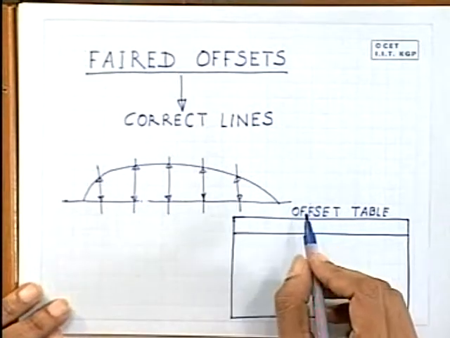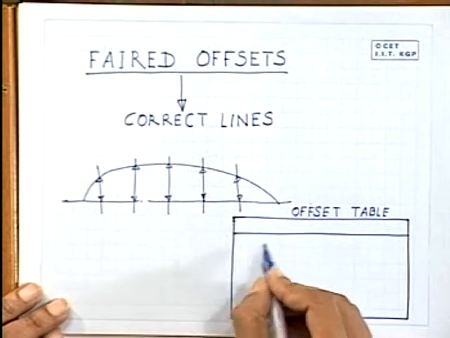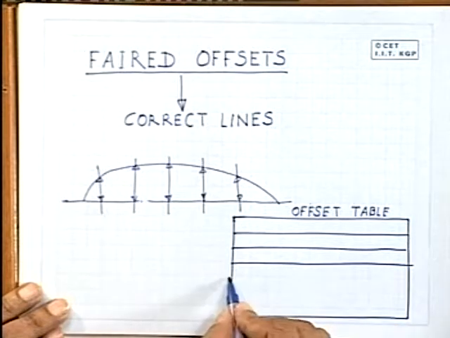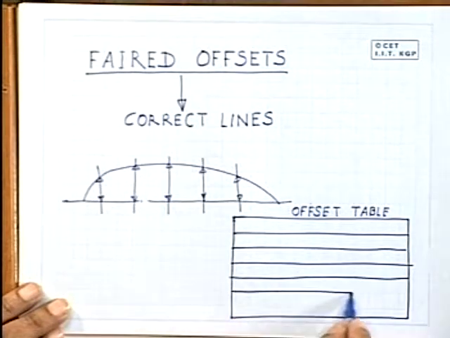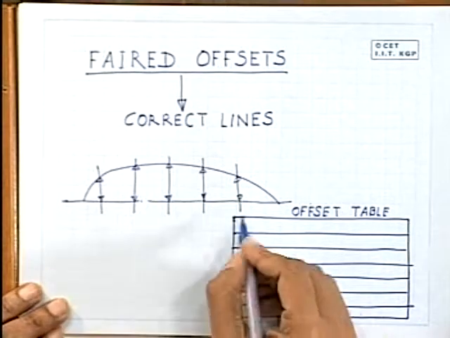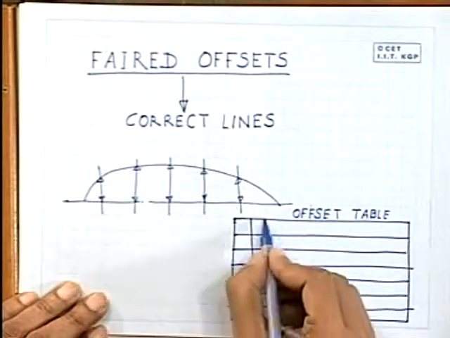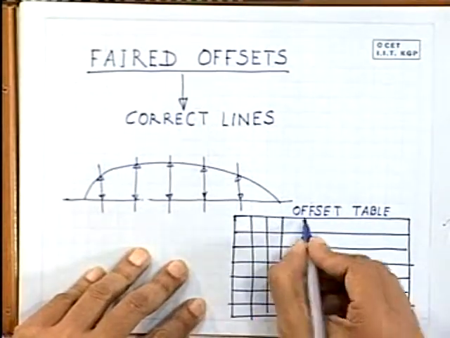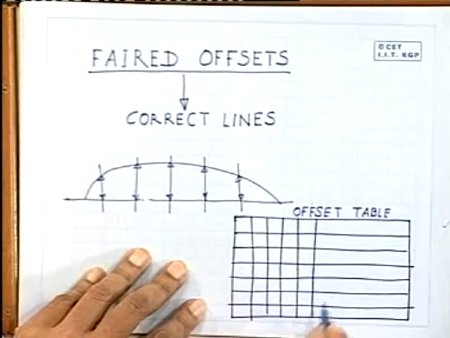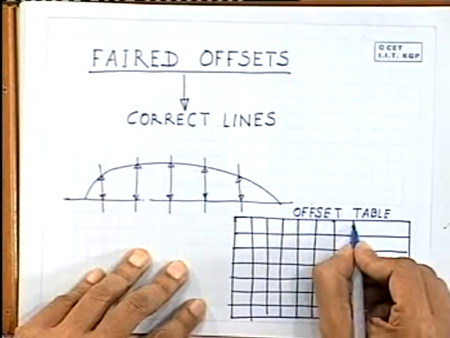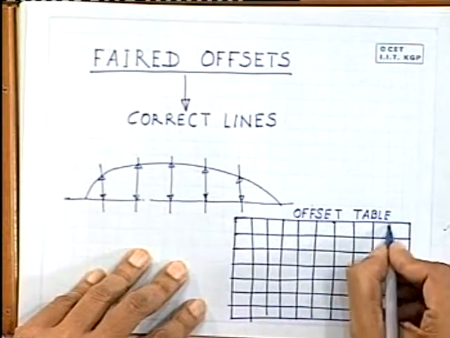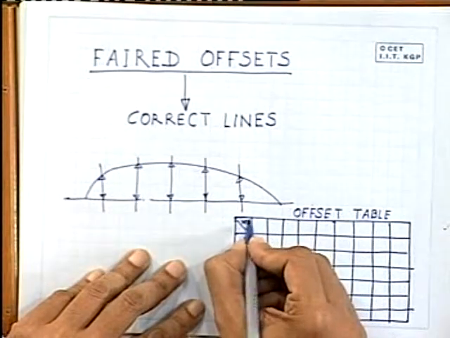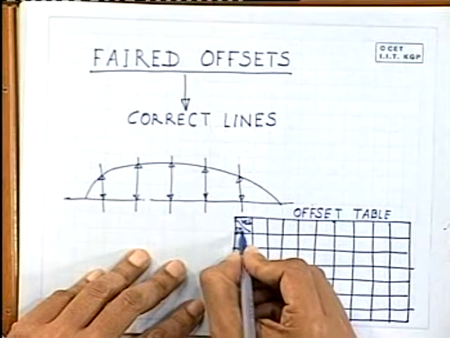So here horizontally you have the water lines. You make a table like this. So mark water lines here, and these are the stations.